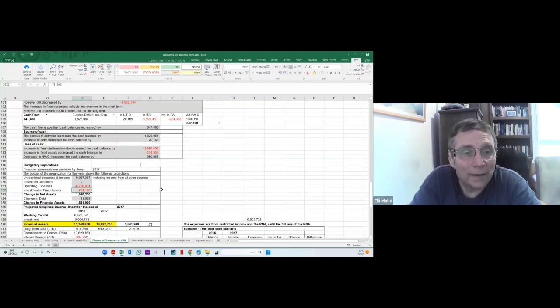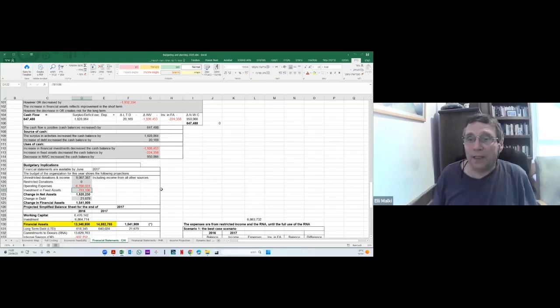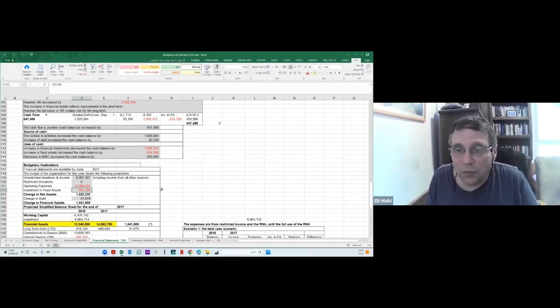Now, why can't we allocate the operating expenses from the beginning to restricted and unrestricted? That is quite a challenge. What happens at the end of the year is that the organization, when it starts to prepare its financial statement, is asked by the accountant to separate the expenses which relate to restricted net assets or restricted income.